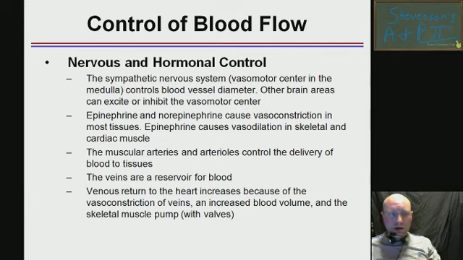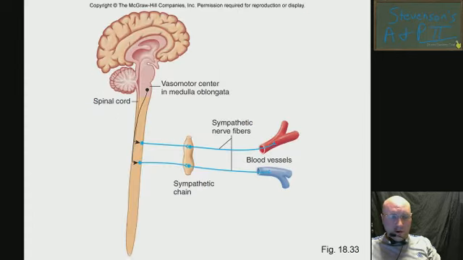Muscular arteries and arterioles control the delivery of blood to the tissues, and finally the veins are the reservoir for the blood. Venous return to the heart increases because of vasoconstriction of the veins, which increases blood volume, and the skeletal muscle pump with valves.